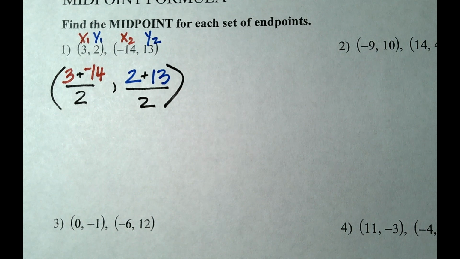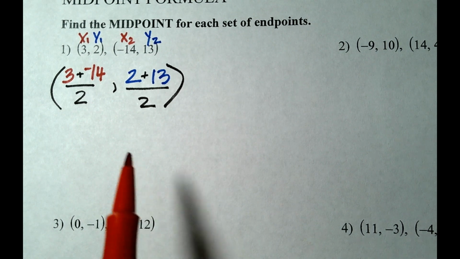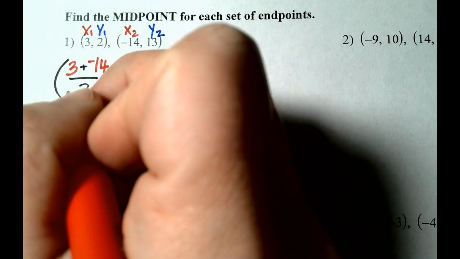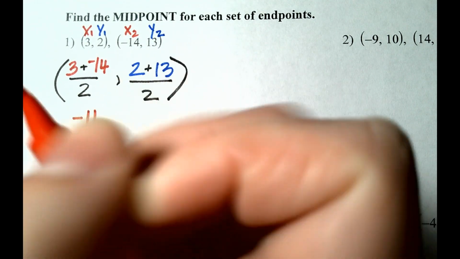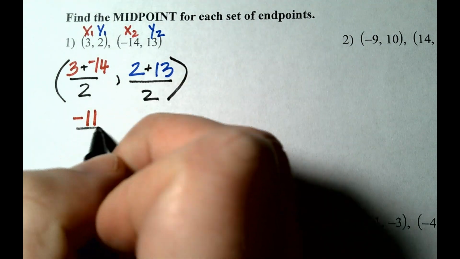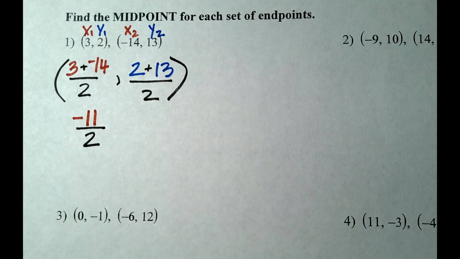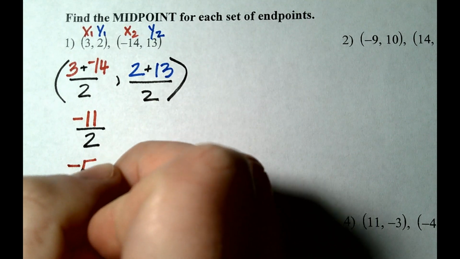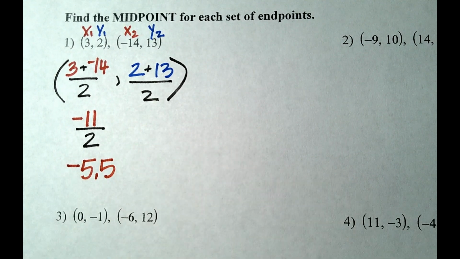Subtracting. If it was -3 minus 14, then yes, that would be right. Yes, -11 is what we get with that. -11 divided by 2 is -5.5. Good. Perfect.